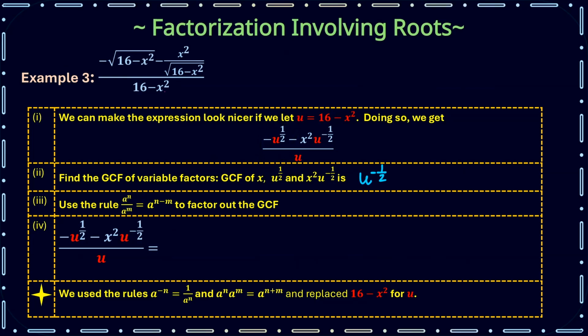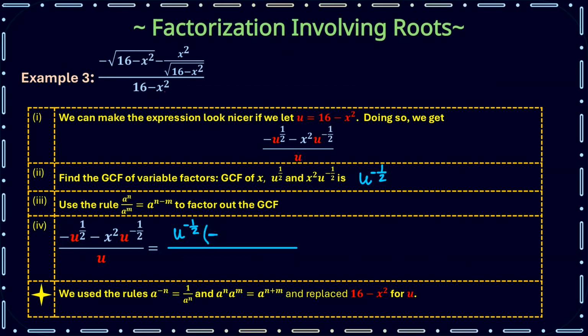The only base that is our concern is, in this case, u. So let's write out the factorization. With u to the negative 1/2 out, we open parentheses. We're going to get negative. There's a negative here. I'm just copying it down.